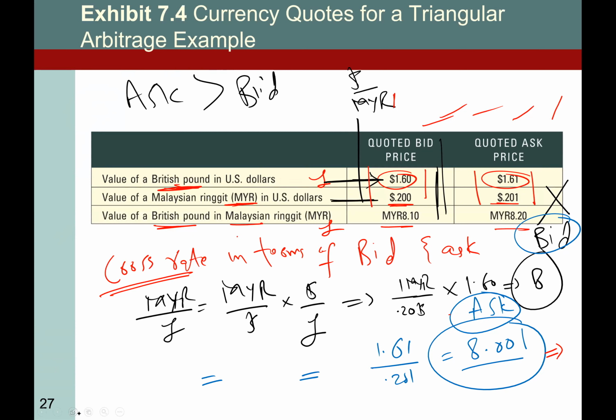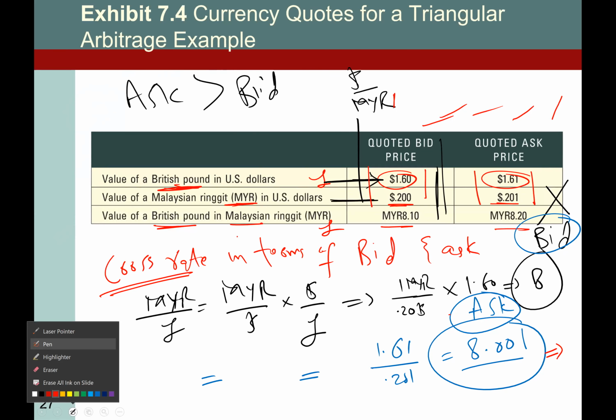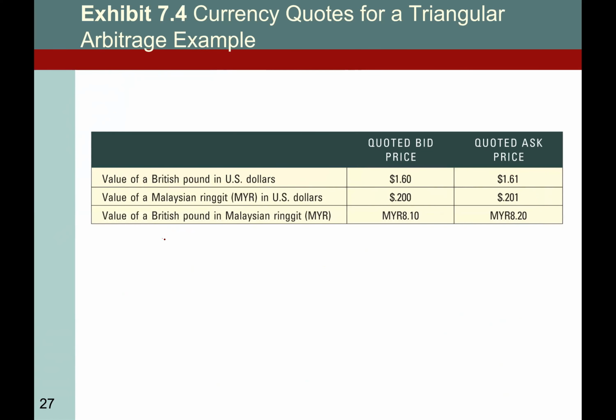Okay, now we find out that 8 and 8.001. The cross exchange rate is that pound value is 8 and 8.001 is the ask price. So there is discrepancy.